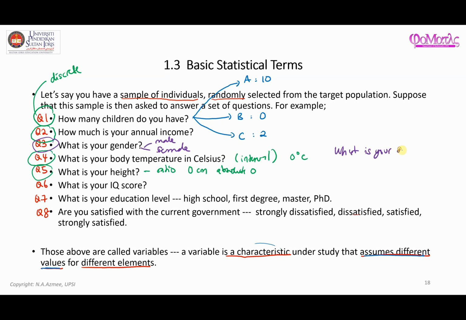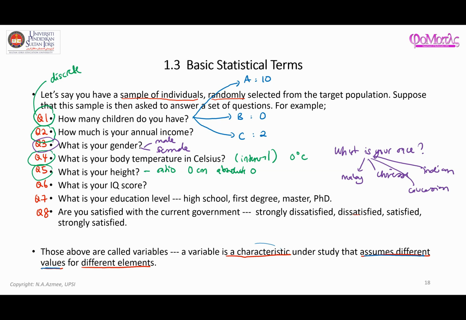The answer can be Malay, Chinese, Indian, I don't know what else, Caucasian. So those are more than two categories, and this is an example of a nominal variable.